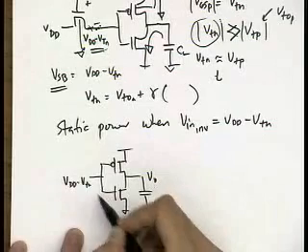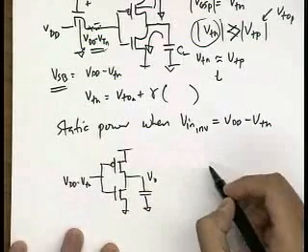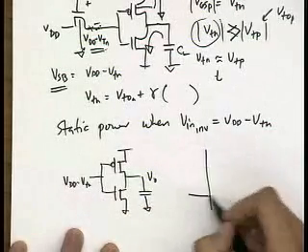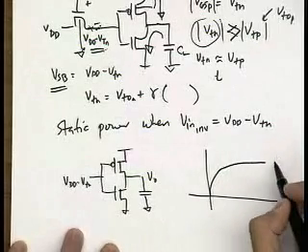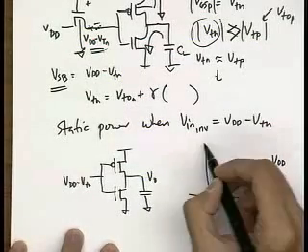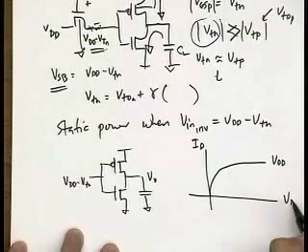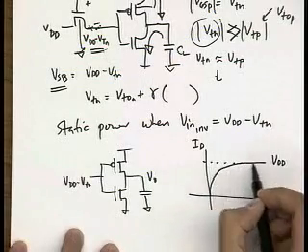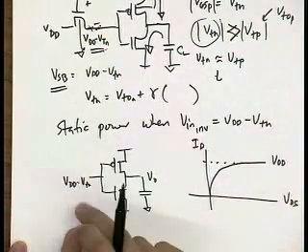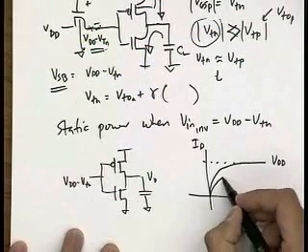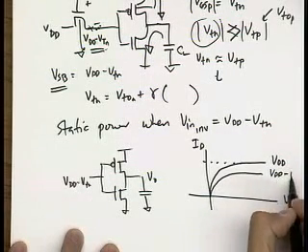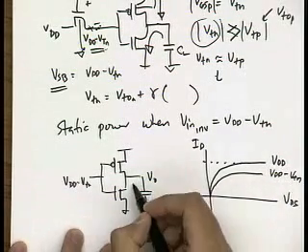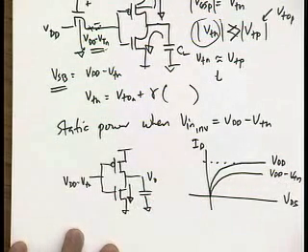So normally this would be VDD. Okay, if I look at my NMOS, probably I have this curve. If I had VGS equal to VDD, I have this much current available. But now I have just VDD minus VTN current available here to discharge the cap.